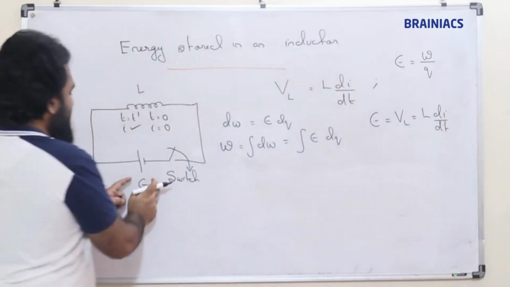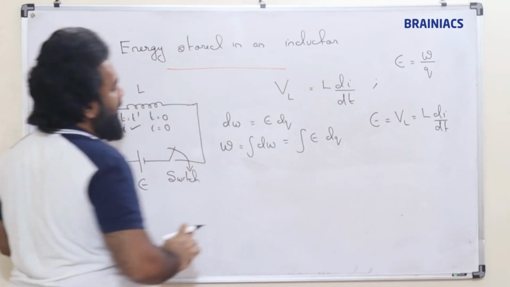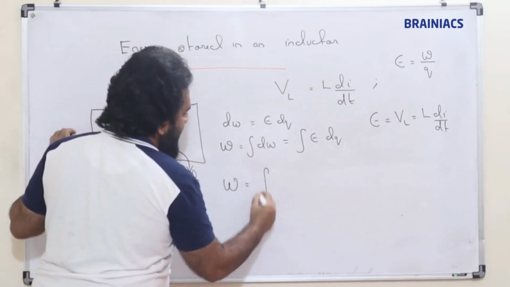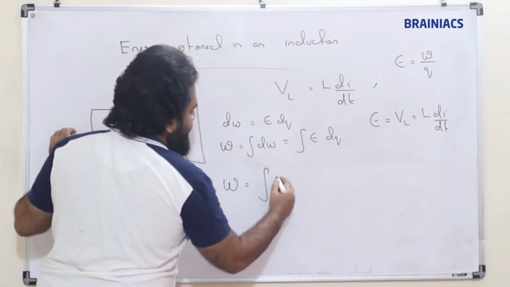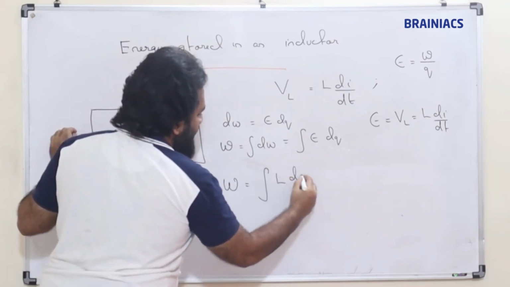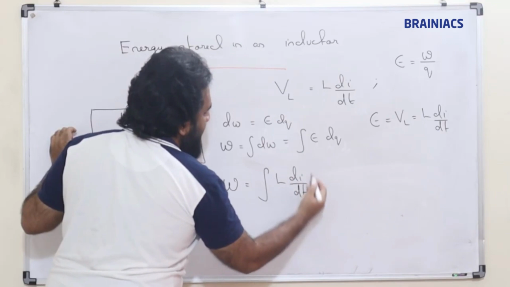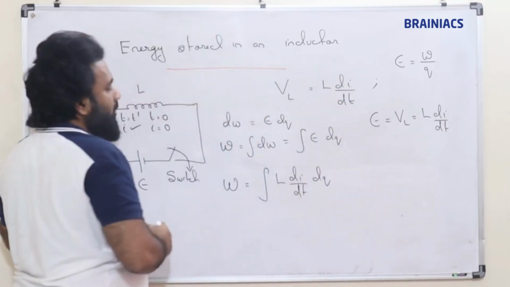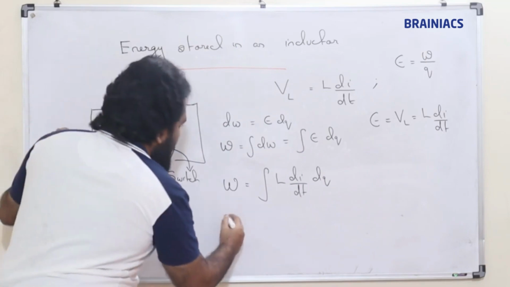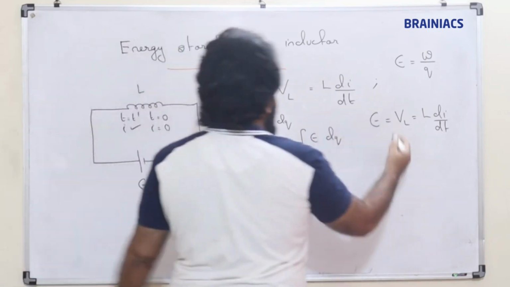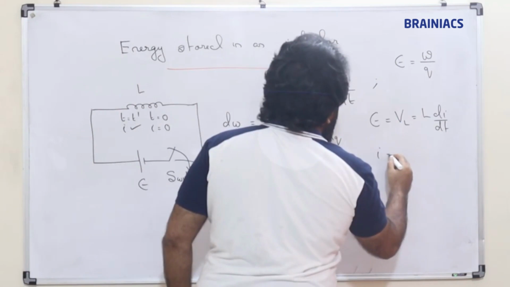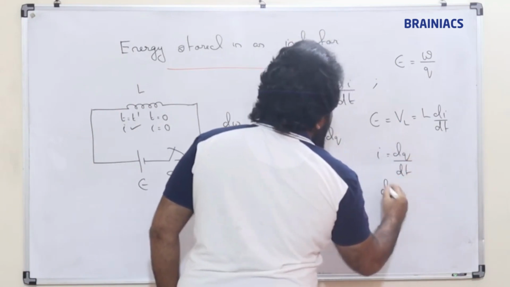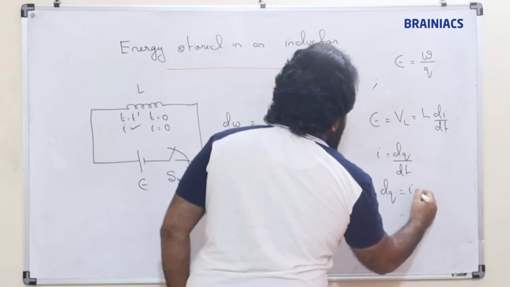The same EMF will be dropped here also. So W is equal to the integral of L di by dt into dq. Now dq is what? I is equal to dq by dt, so dq is I dt.